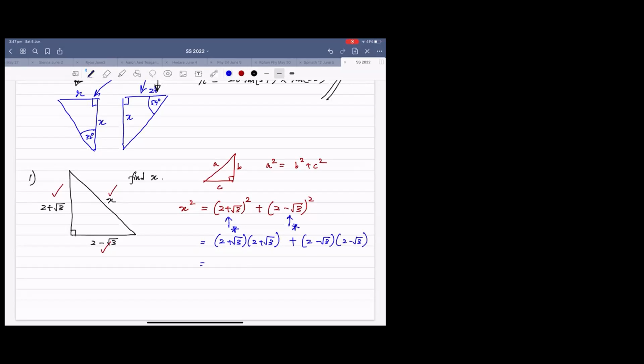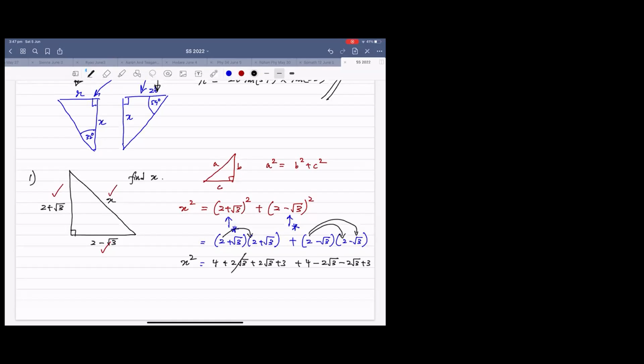Then you do term to term, right? 2 times 2 is 4, 2 times square root 3 is 2 square root 3, again 2 square root 3, again 3, plus 4, this one, then minus 2 square root 3 with this one, again minus 2 square root 3, and plus 3. Now you can see this is x squared, right?